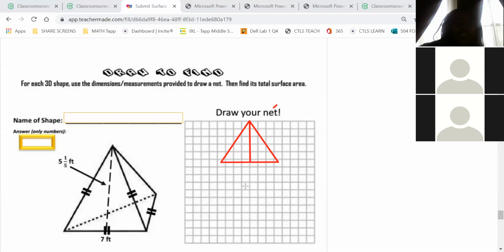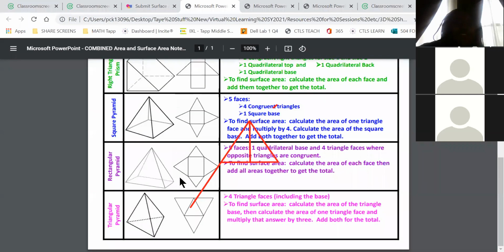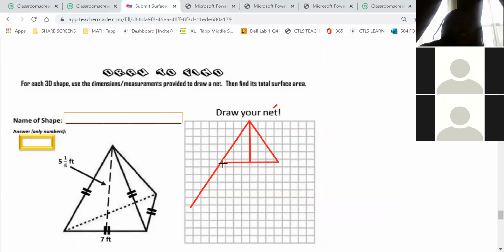Okay, so now, and this is where it gets tricky, guys. This is where it gets tricky. We are going to just go ahead and try to, and let's look at our net again. I want to try to get inspiration. And I'm drawing it kind of upside down. Oops, let me undo that.